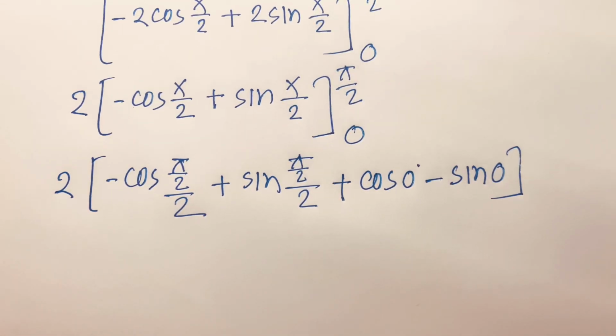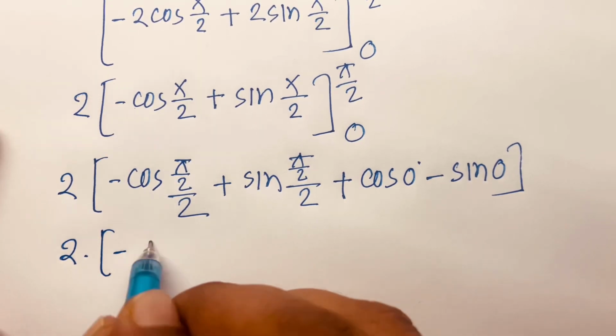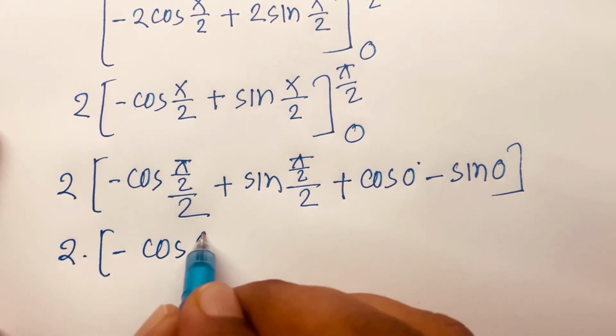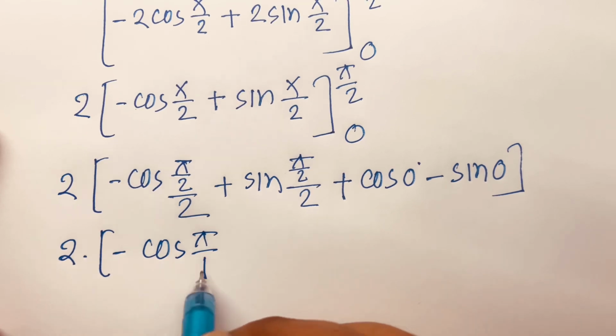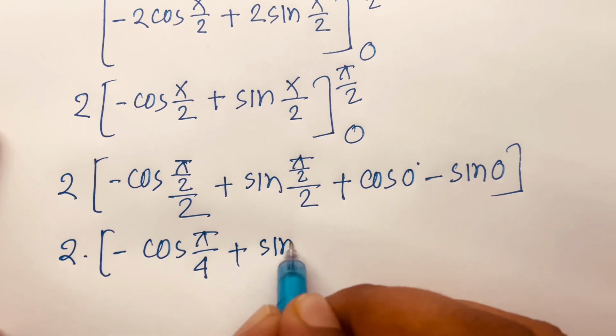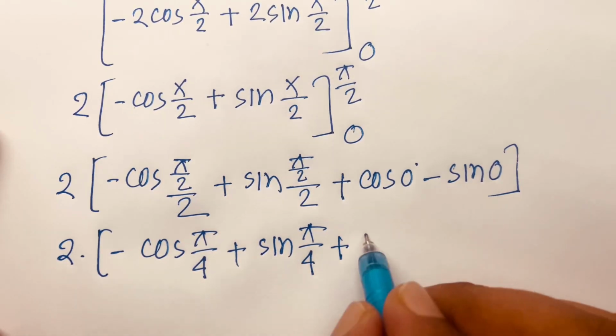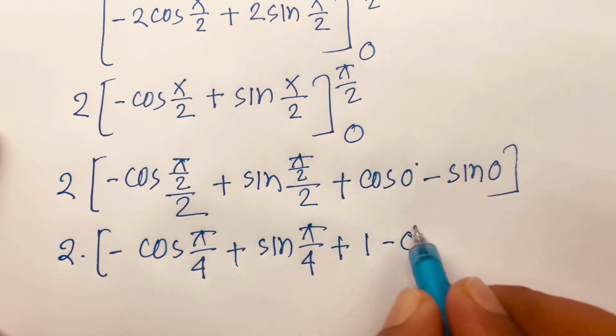Then it will be 2 times minus cos pi by 4, because 2 times 2 is 4, plus sin pi by 4, plus cos 0 which is 1, and sin 0 which is 0.